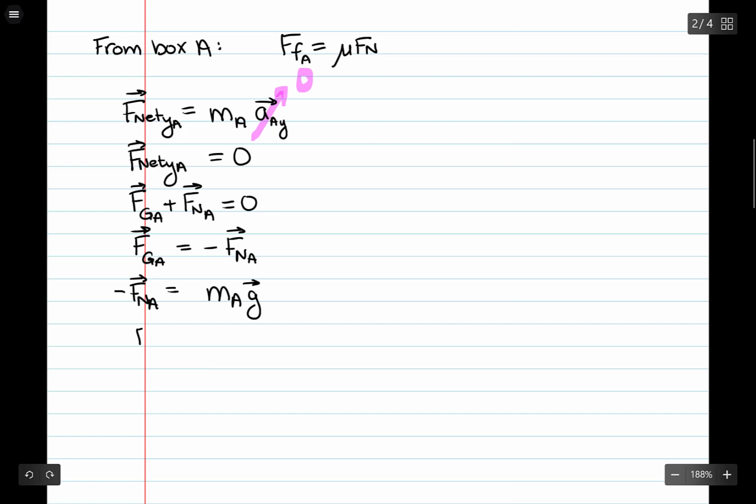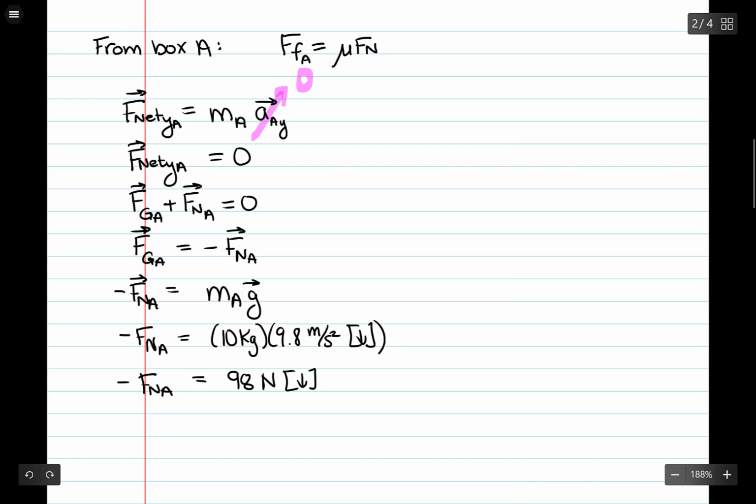And so we can say, all right, normal force on box A is equal to the mass, 10 kilograms, multiplied by 9.8 meters per second squared, and that's going to be downwards. And this is still negative. So that gives us a value for the negative normal force of 98 newtons down.